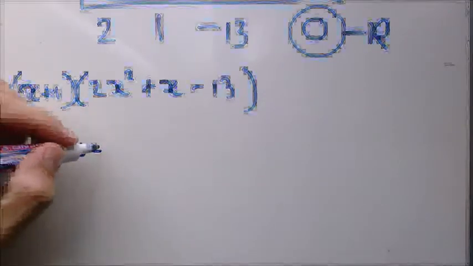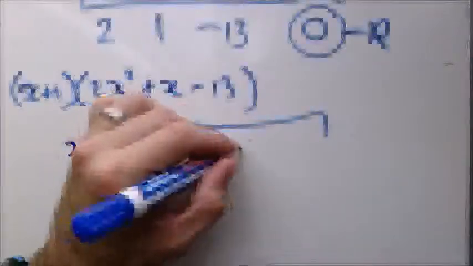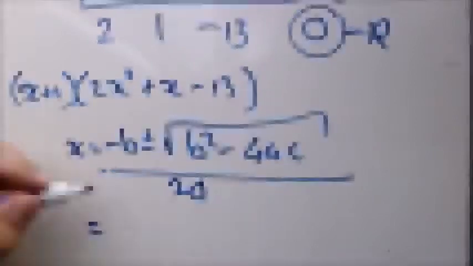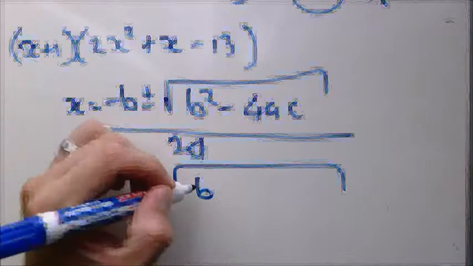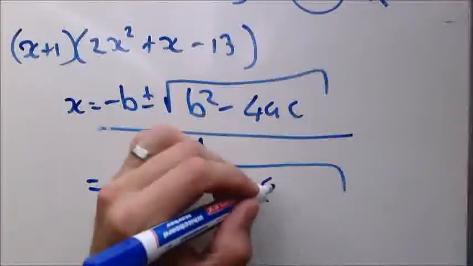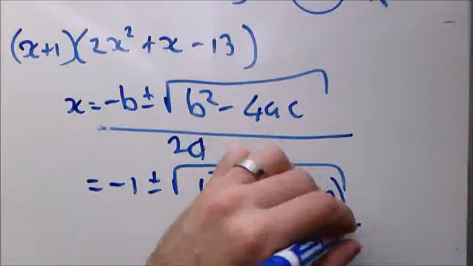So x equals minus b plus or minus the square root of b squared minus 4ac, over 2a. So minus b is minus 1, plus or minus the square root of b squared, which is 1 squared, minus 4 times a, which is 2, and c, which is negative 13. Remember that, please.